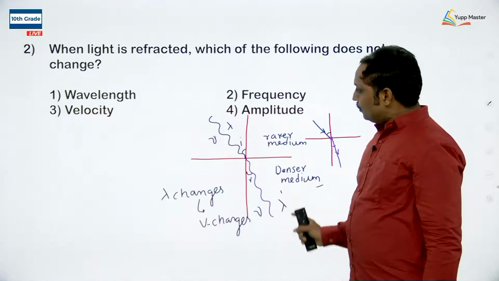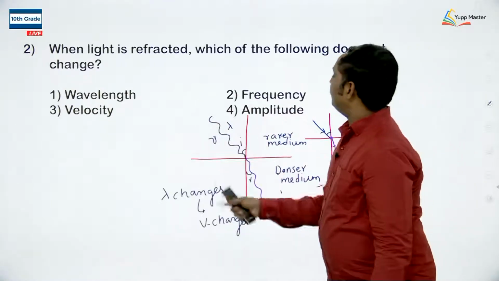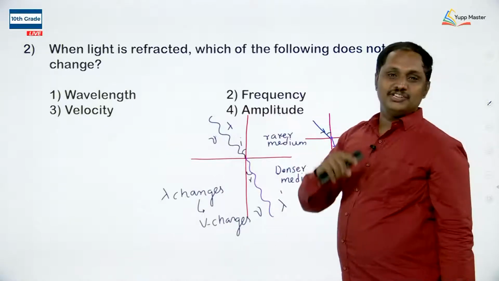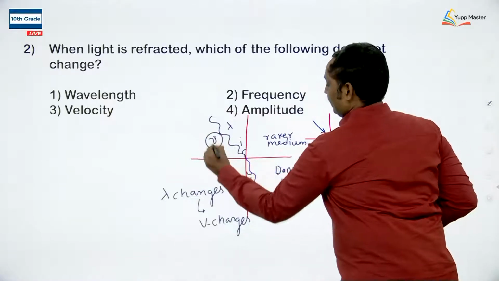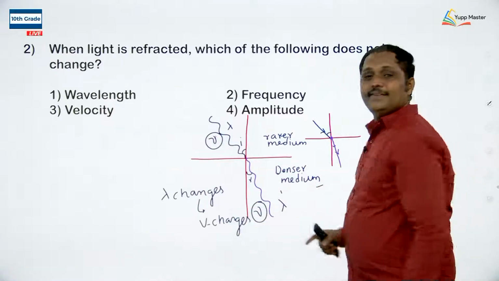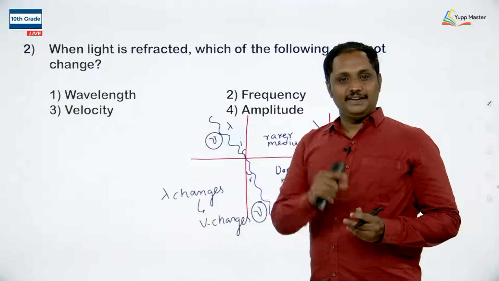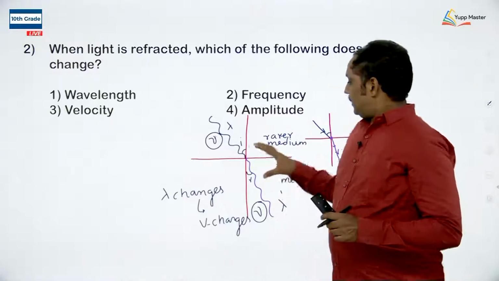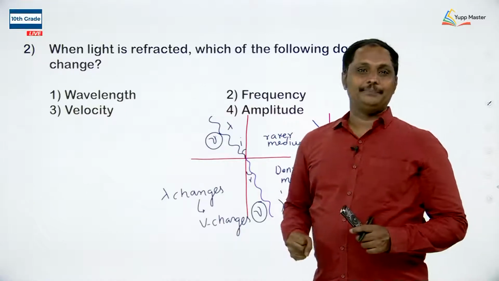Now, if you look into the wavelength, velocity and amplitude, all are going to change, but the frequency remains the same. If there exists a change in the energy, that leads to a change in momentum.